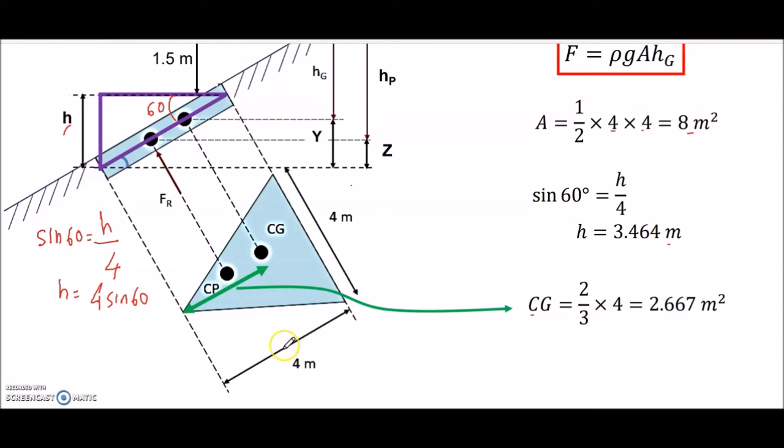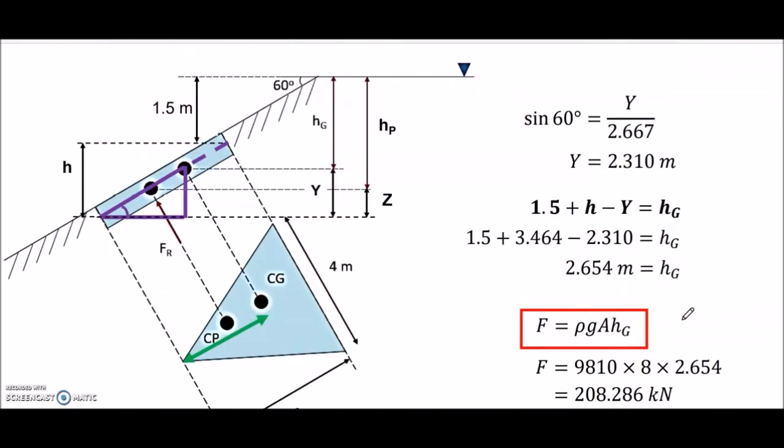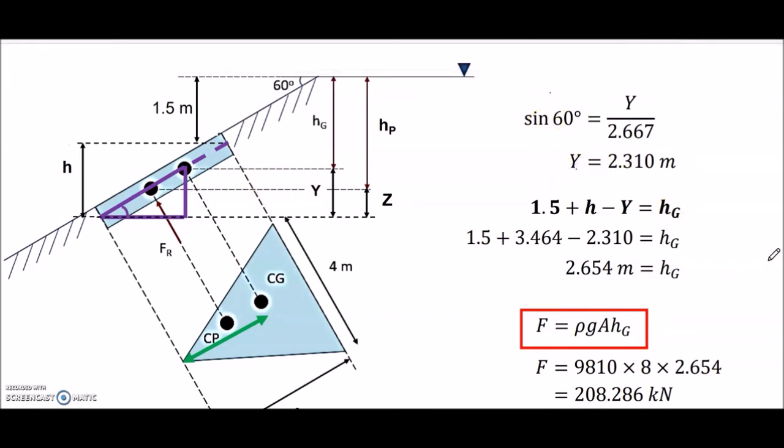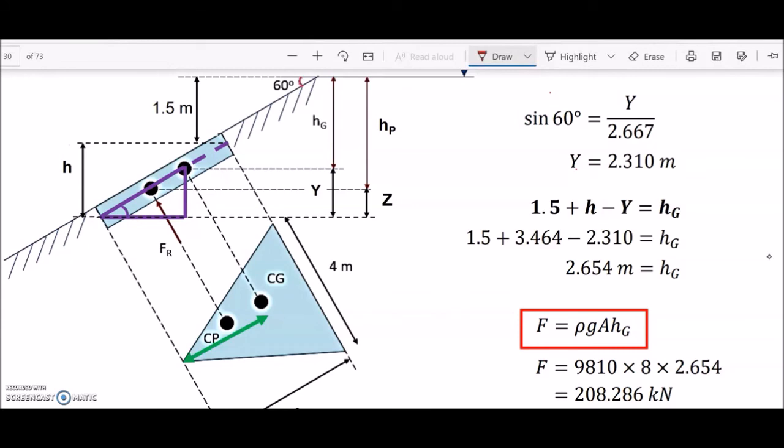Center of gravity for a triangle is 2/3 times 4. The 4 is the depth of the triangle. So therefore, we get 2.667 meter. And then we also need to calculate the y. So now we transfer the 60 degrees here to this direction. So now we have y here as the opposite.